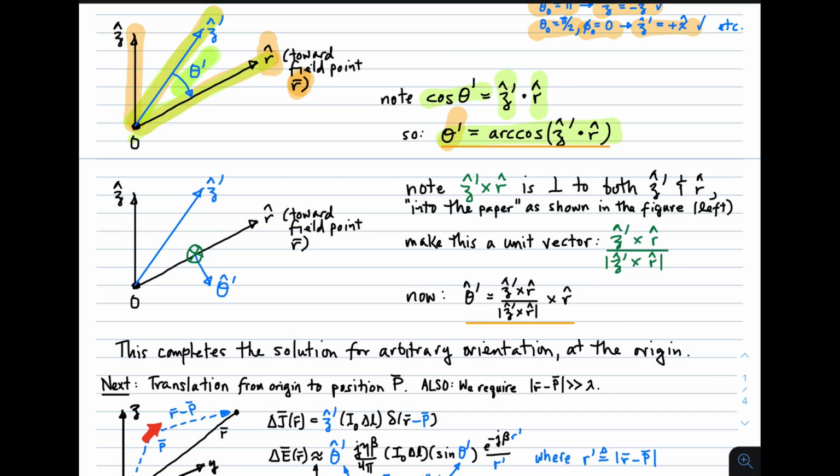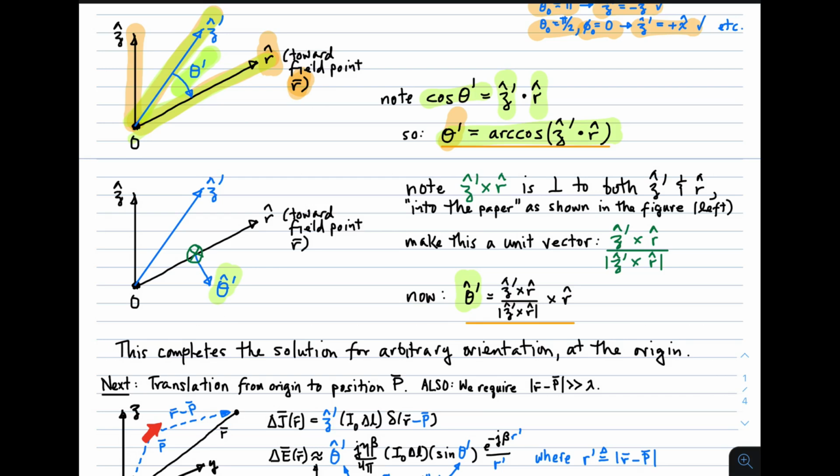Now we need theta hat prime, the unit vector which will correspond to the direction of the electric field radiated by this current moment. That's a little bit more complicated, but really doesn't require a whole lot of derivation. First, just look to see what theta hat prime is.